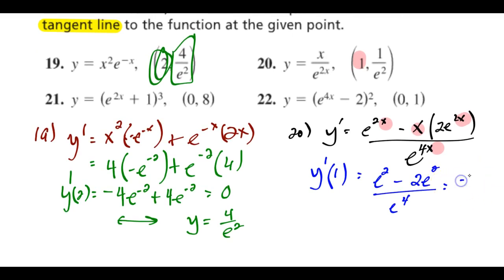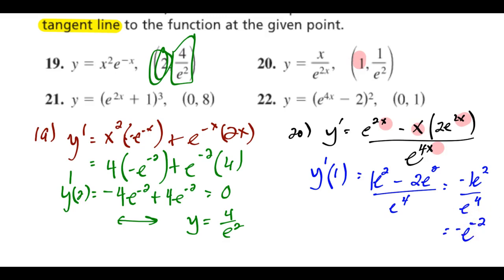So this is negative, let's see, 1 minus 2, negative 1 e squared over e to the 4th, which is, rewrite the base and subtract the exponents, 2 minus 4 is negative 2.